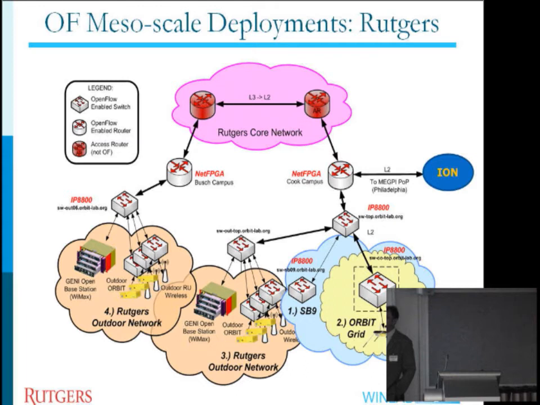And in our case, it's somewhat interesting because there are two campuses. The ORBIT or Route 1 campus that's covered with the programmable fabric, and then, of course, tunneling through the core Rutgers network onto the Bush campus, where both we and CS have offices. And the idea is to create these fully programmable devices in the middle and give people access to control it and play with it, right?